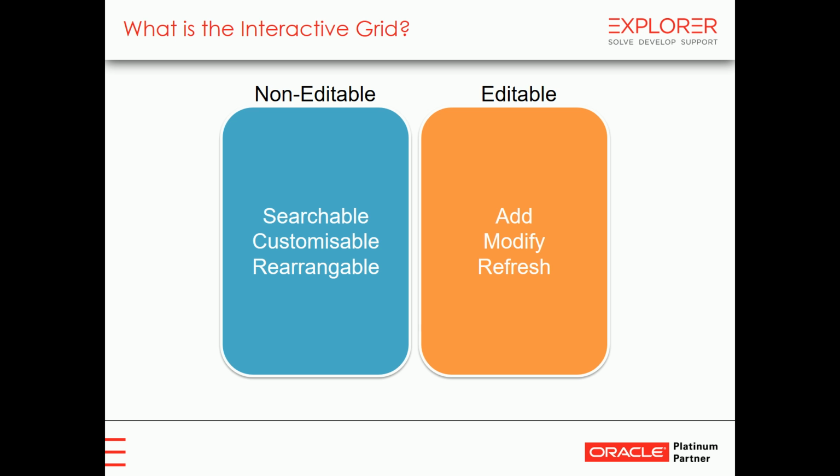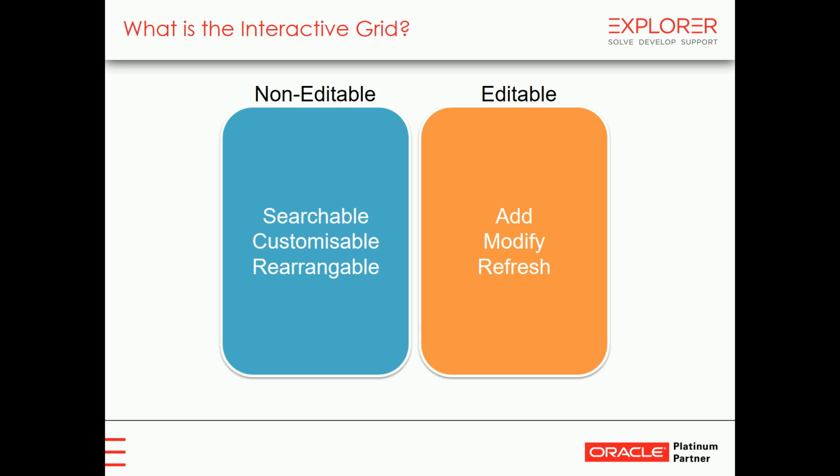All columns are rearrangeable. This includes moving columns around from left to right and includes column groups as well. So column groups are a new feature which allows columns to be assigned to a group or removed from a group or even assigned to a different group.